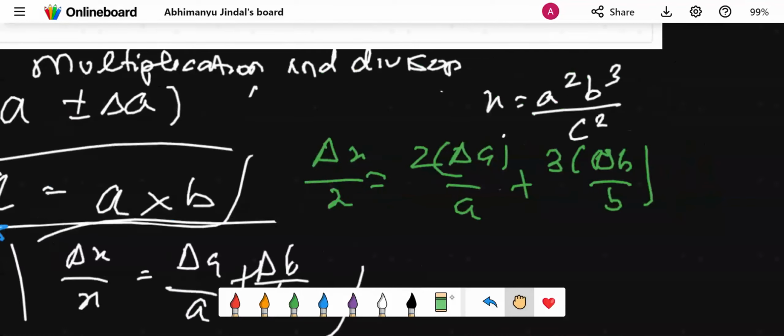So the power gets multiplied to the delta a by a, b by b, c by c, depending on what power is on what number. I hope it's clear.